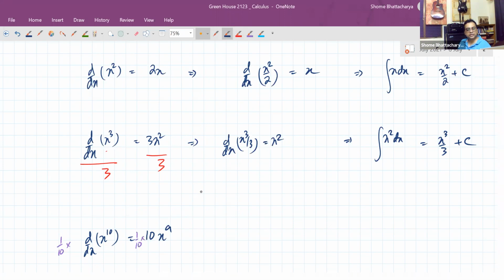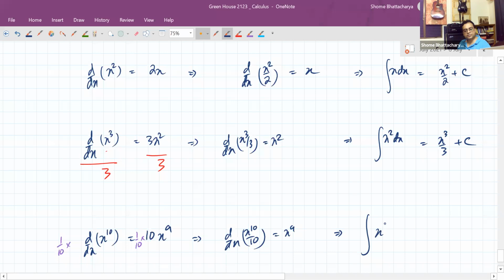So this will now show me that differentiation of x to the power 10 by 10 is equal to x to the power 9. That shows me that integration of x to the power 9 is equal to x to the power 10 by 10 plus c.